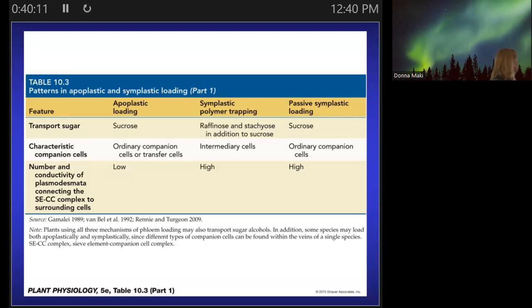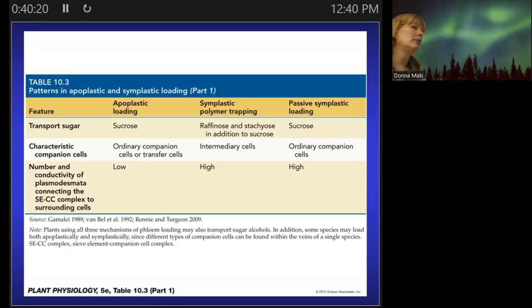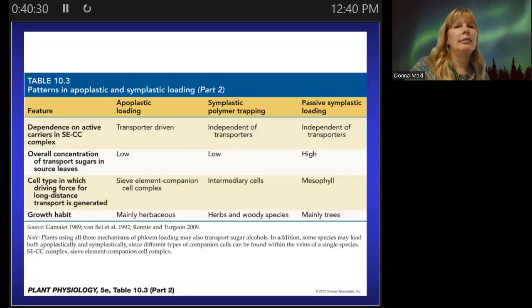And so again, you don't need to memorize any of this. It's just to prove to you that they did go and take the experimental measurements and collect the data, and they could find the necessary enzymes and proteins, and they measured the plasmodesmata diameter. They did all that. Okay.